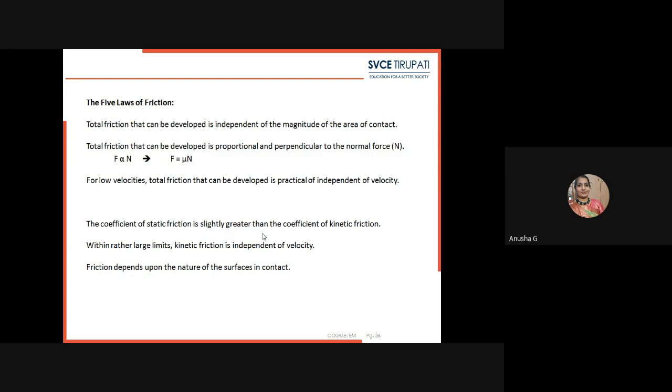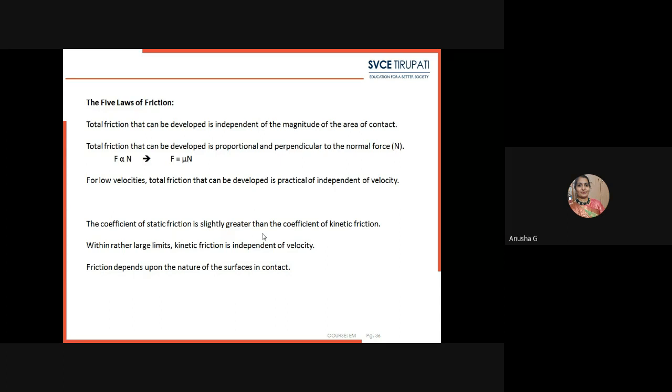Then the total friction, whatever the friction that has to be observed, must be proportional to the normal force. Normal force is nothing but whatever the force that we are applying, that must be proportional to the frictional force. That is, F is directly proportional to N. To constant, F is equal to mu N. Mu is nothing but the coefficient of friction that we have to learn here. F equals mu into N.